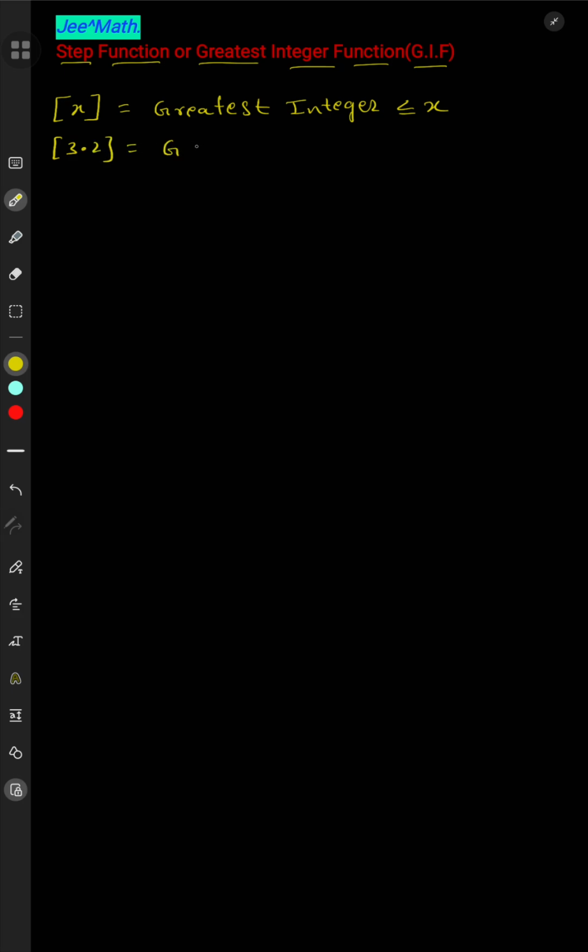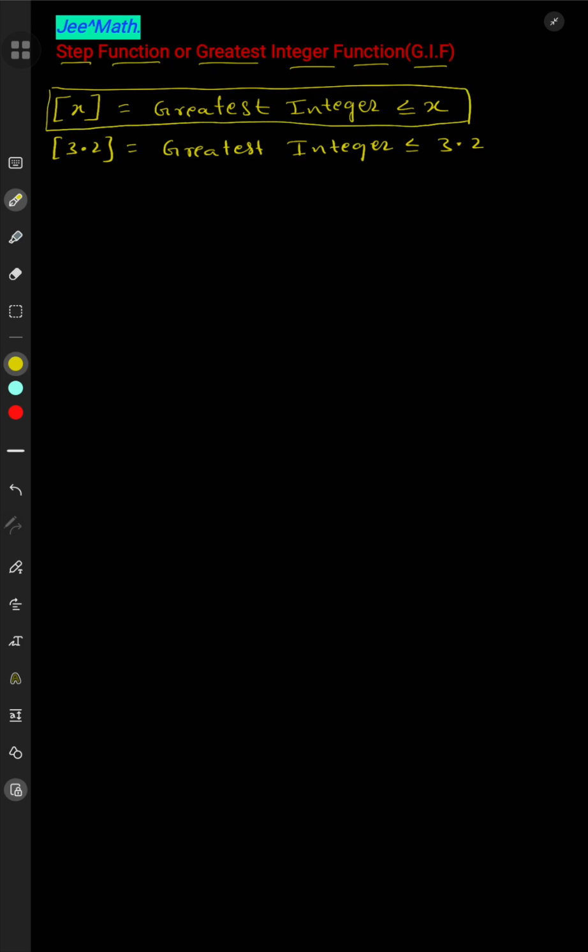Then that becomes what, tell me? Greatest integer less than or equal to 3.2. In place of x we are substituting 3.2 on both sides, and you see this is the basic equation of greatest integer function. So see, this is the basic equation, you need to remember always.